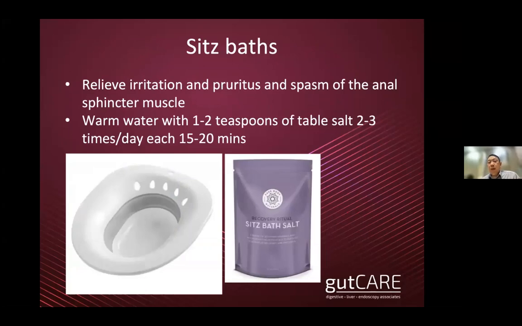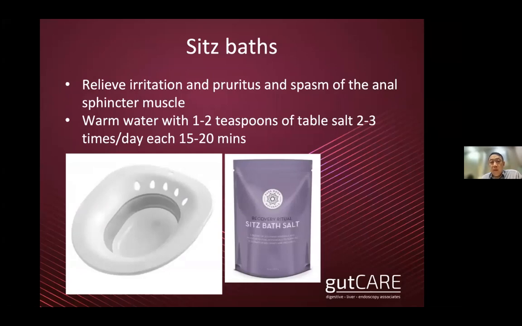The other simple thing that can be helpful is a sitz bath. The general idea of a sitz bath is to put your hemorrhoids into warm water, with or without salt, 2 times a day for 15 to 20 minutes. How that is achieved, there are two ways. If you have a bathtub, you can fill the bathtub with warm water and then put a bit of salt and then sit in the bathtub.